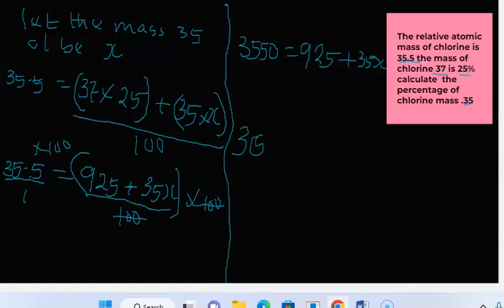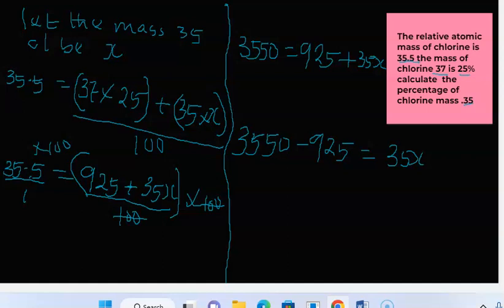3,550. Sorry, my pen is not doing well. Let me change it. 3,550 minus, we subtract 925, then equal to 35x.